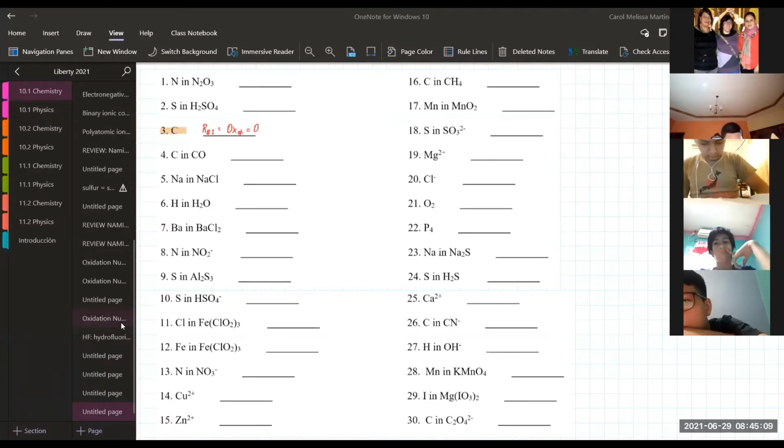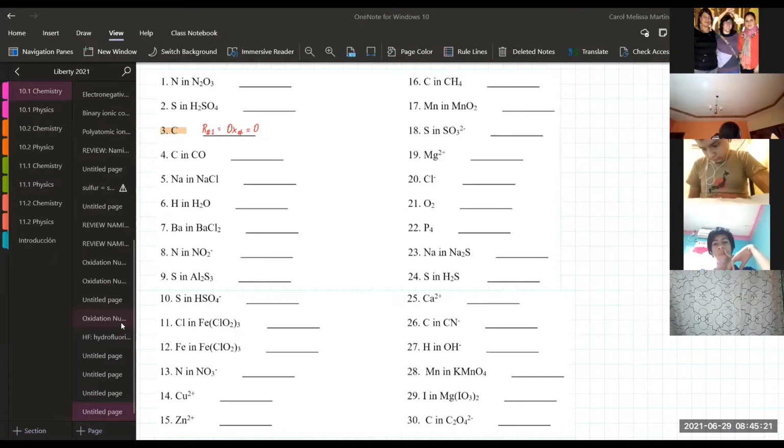So in the case of number 20, because of the charge, even though the element is not combined, we say that the oxidation number is equal to -1, equal to the charge.